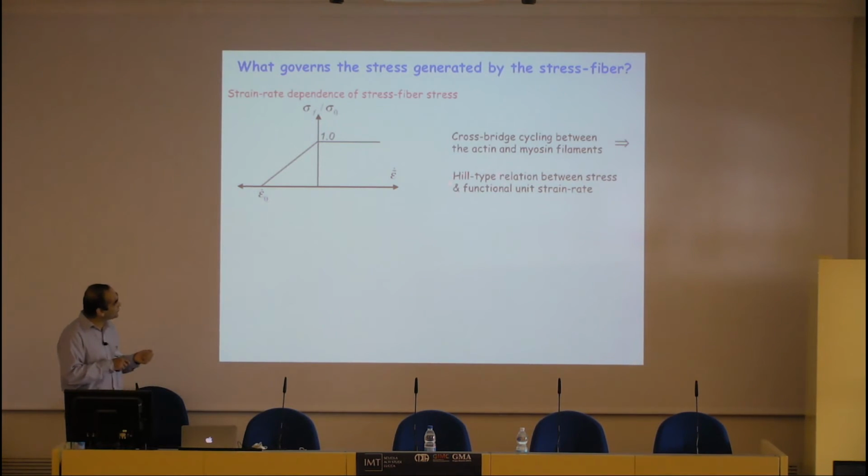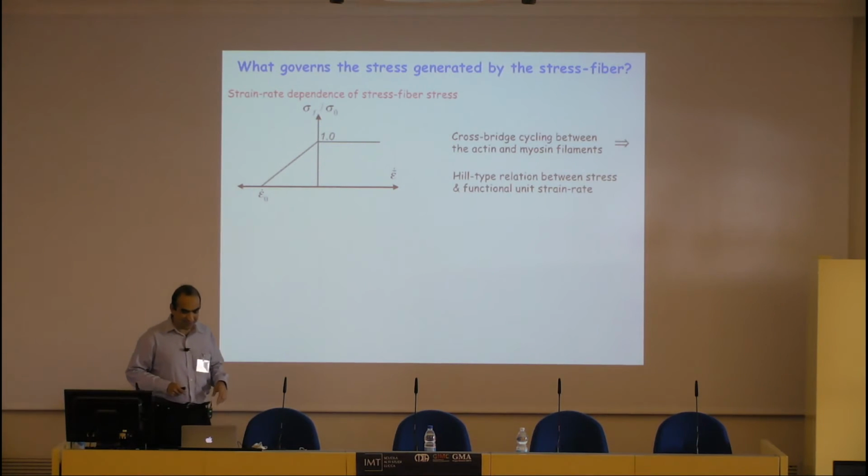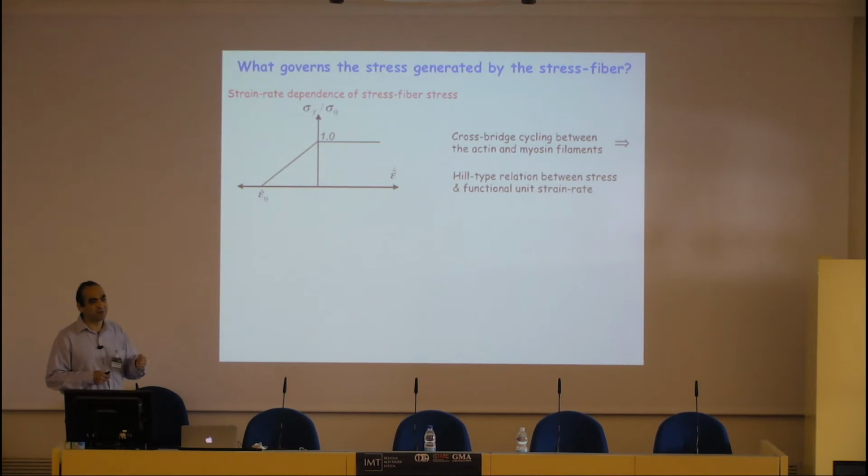Hill was doing experiments at University College in London in 1910 and 1917, etc., during World War I. I don't know why he was interested then in muscles, but he was doing these classical experiments. And he found what we typically know of as the stress-strain rate relationship, this is strain rate, for a muscle, which can be approximated like this.